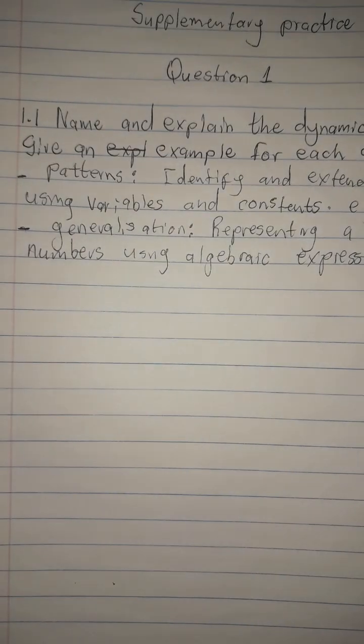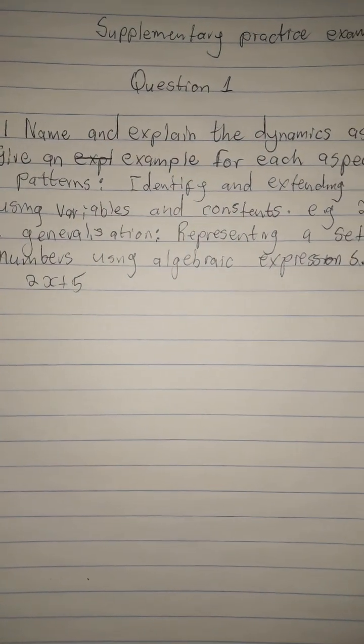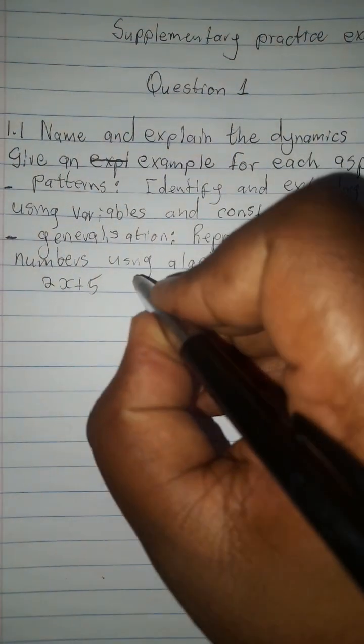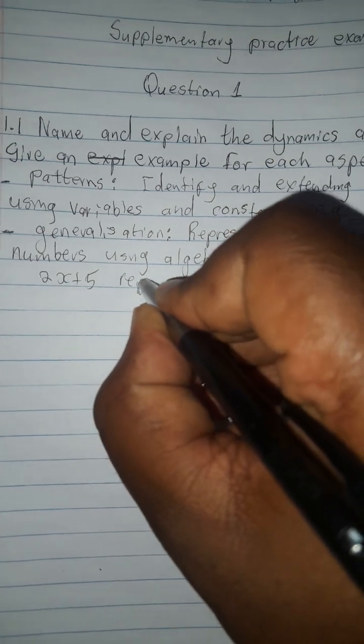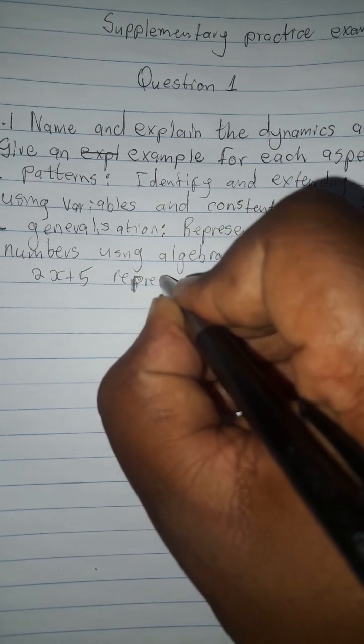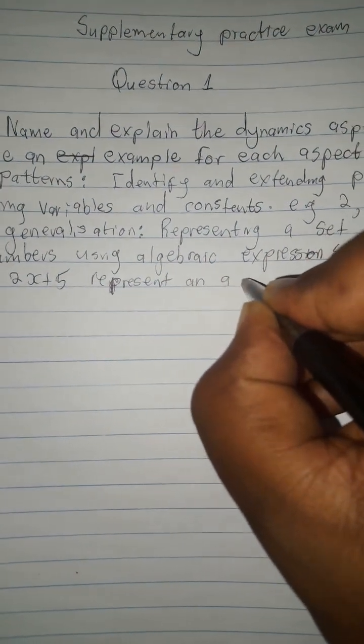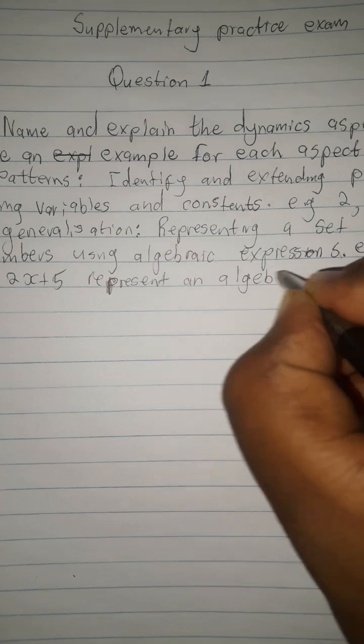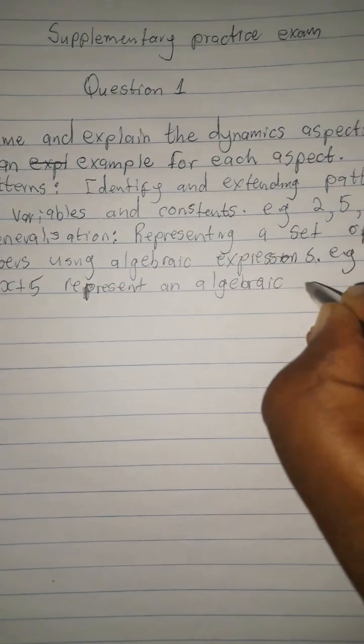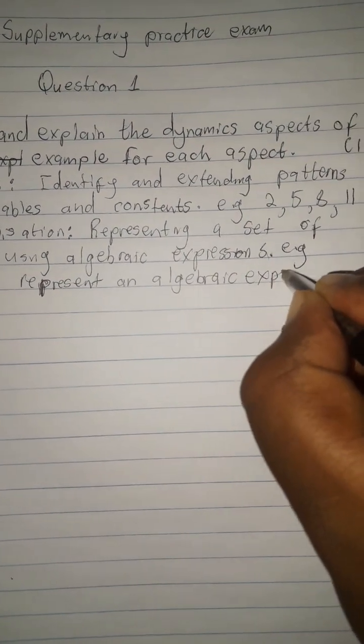For example, 2x plus 5 perfectly represents an algebraic expression.